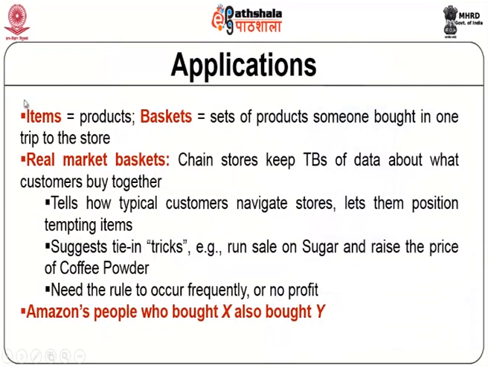Consider you have items, which are the products selected, and baskets containing the set of products brought to the point of sale terminal. In a retail market basket environment, when you run market basket analysis, you can identify the potential customers for a particular product, and also the products that need to be placed in the same rack.